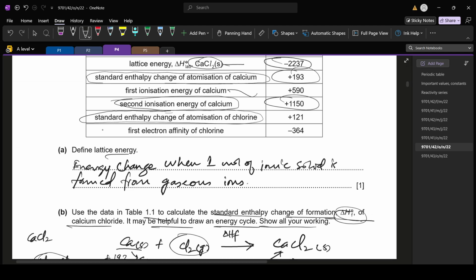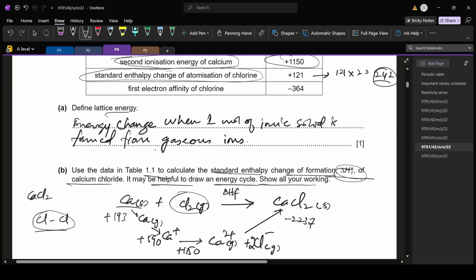So the bond energy is the standard enthalpy of atomization multiplied by 2. If you multiply 121 by 2, this is going to be the bond energy of chlorine. So you will form 2 Cl, and this is plus 242.